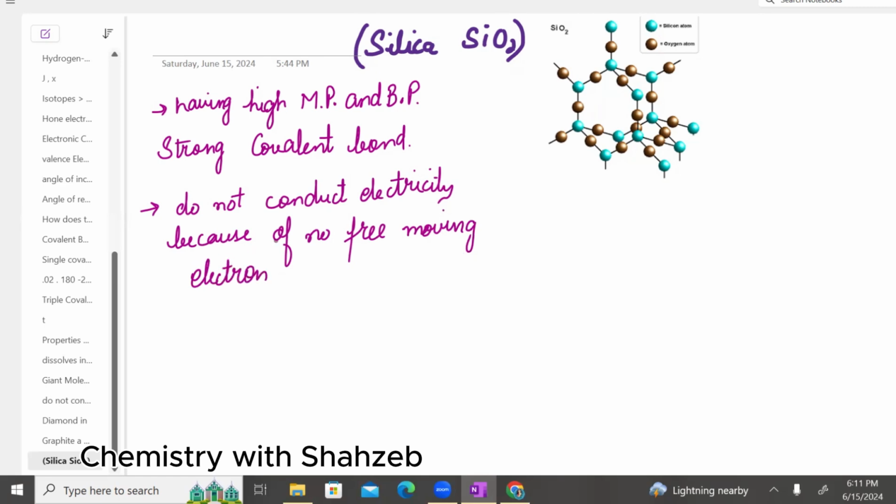Okay, you can see in this figure there's one more important thing that I want to discuss. This is basically silica. Each silicon is surrounded by 4 oxygen atoms.